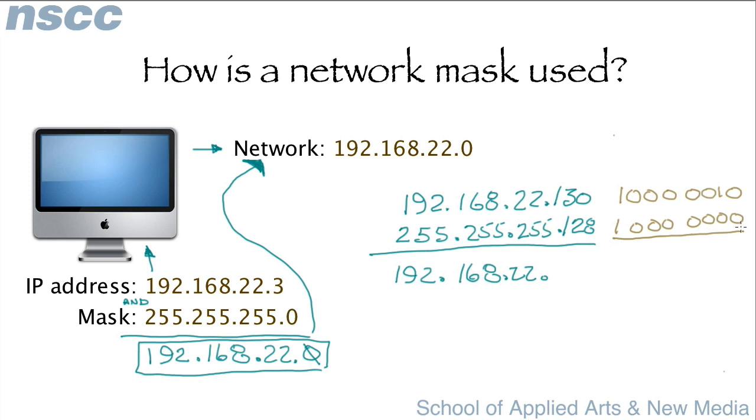When we AND those together, we AND each corresponding bit as before. We'll get a 1 here and zeros everywhere else. And that number is 128. So this is the logical AND operation that occurs in every network device between network addresses and the network mask.